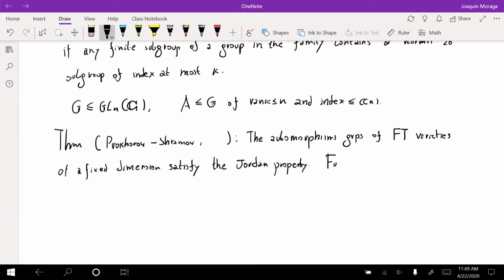And furthermore, I don't know if they actually write this down, but it just follows from their paper. Furthermore, the rank of the abelian group is bounded by the dimension of the varieties.